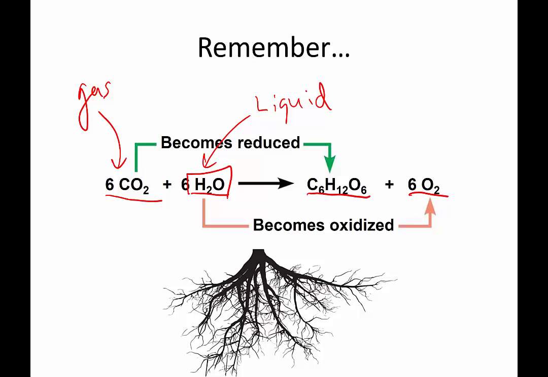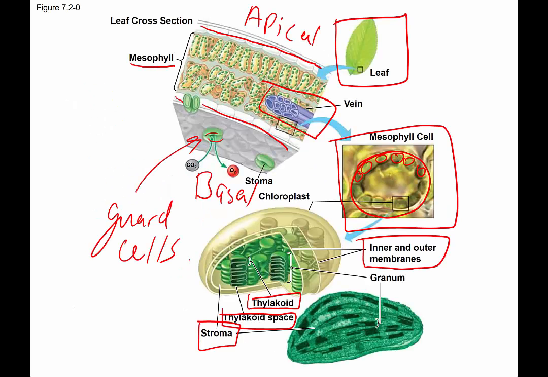And as you probably know, the roots of the plant, which I have in a figure at the bottom of the slide, bring the water up through the roots, through the stem, and all the way up to the leaves. So this vein right here is actually bringing water towards the leaves.